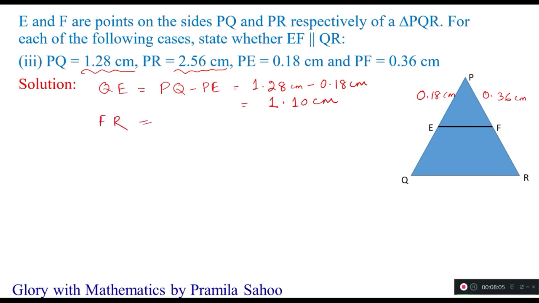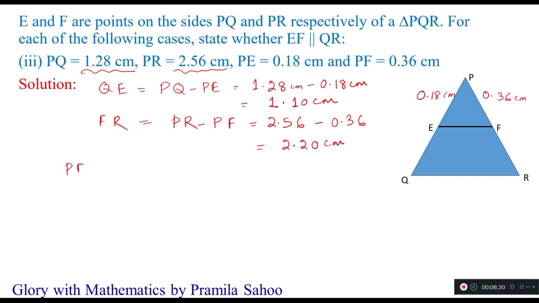Again we have to find FR. So FR is equal to PR minus PF, which is 2.56 minus 0.36. So this is equal to 2.20 centimeter. So now we will find the ratio.